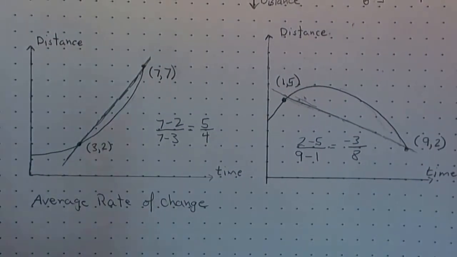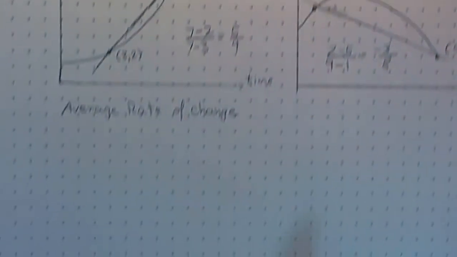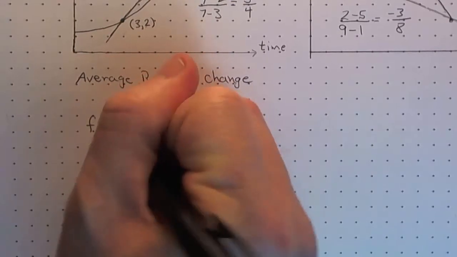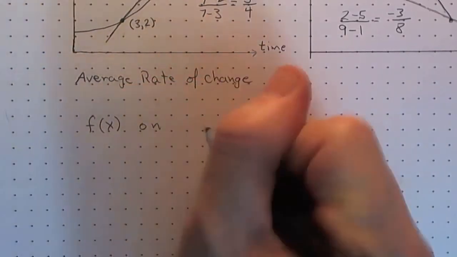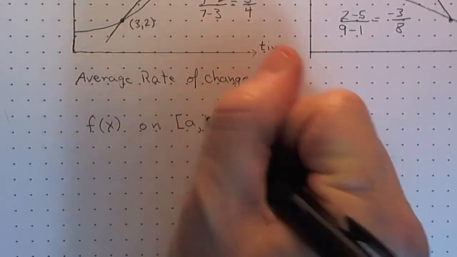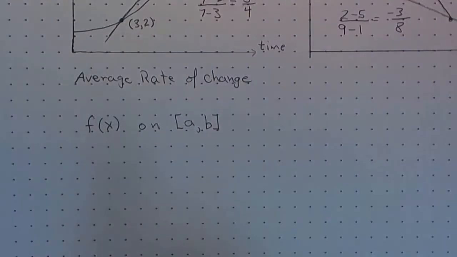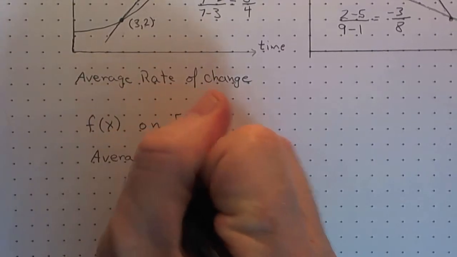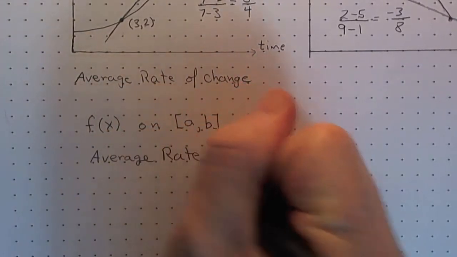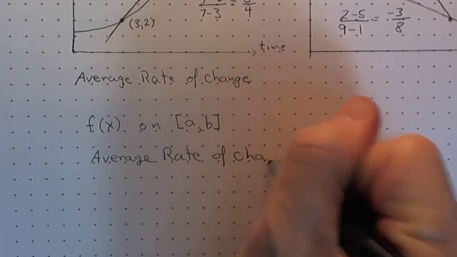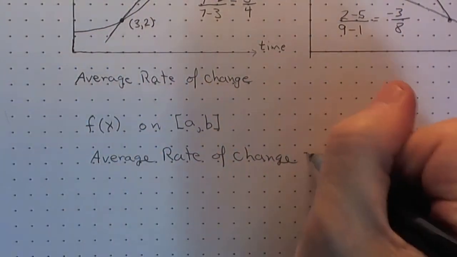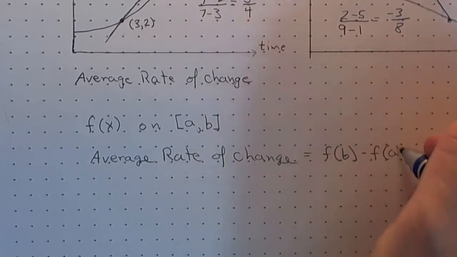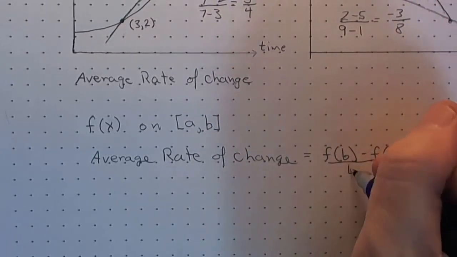Now, here, so we've looked at some curves, but here's what we need to realize. Let's suppose you have this function f of x, and you want to know the average rate of change on, let's say, some interval, AB. Okay? The average rate of change is going to be f of b minus f of a over b minus a.